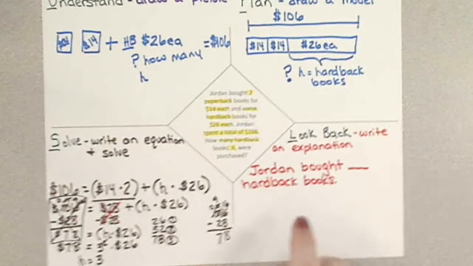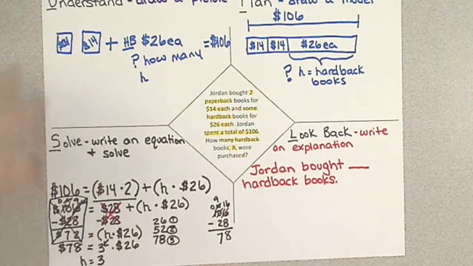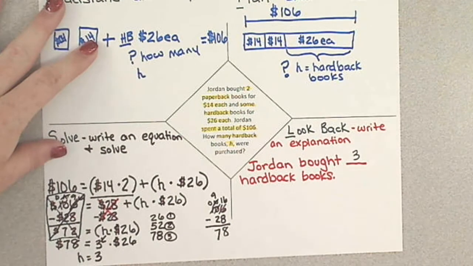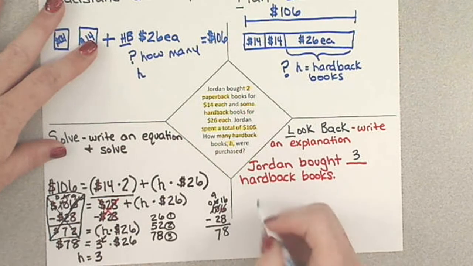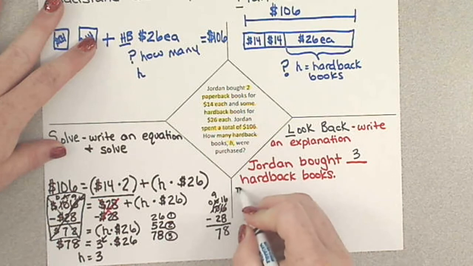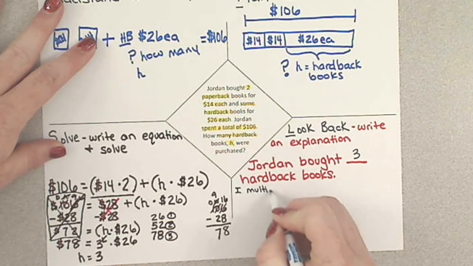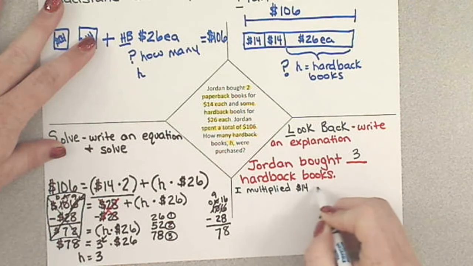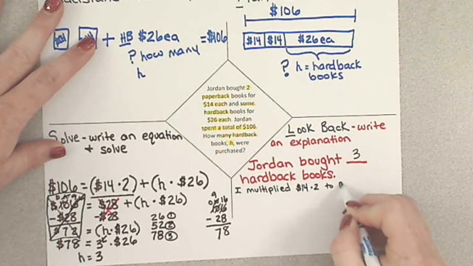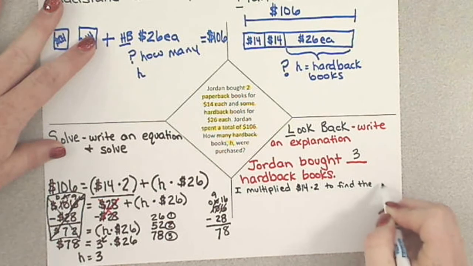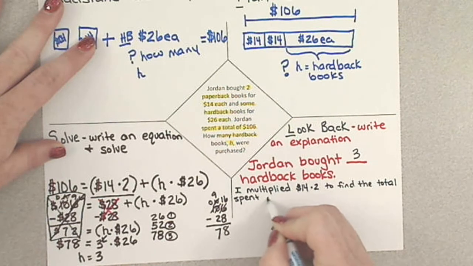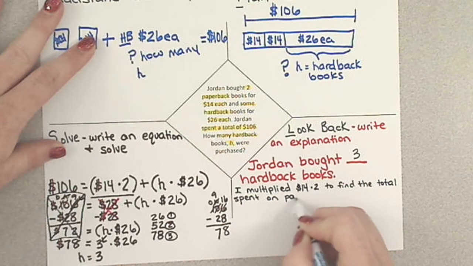All right, now I'm going to come over here and I'm going to complete my sentences and my explanation. Jordan bought 3 hardback books. Now, how did I solve this? The first thing I did is I multiplied $14 times 2 to find the total spent on paperback books.